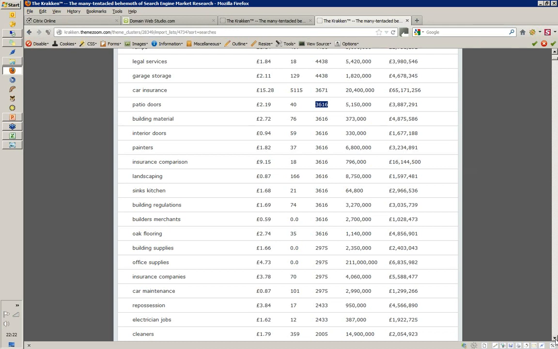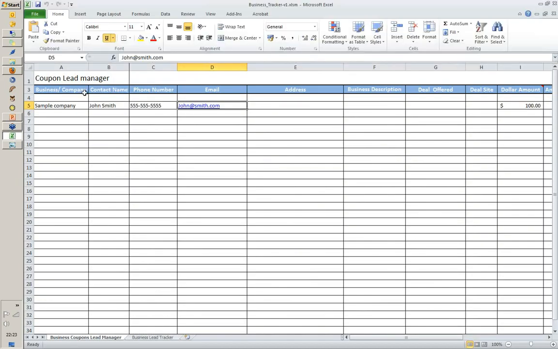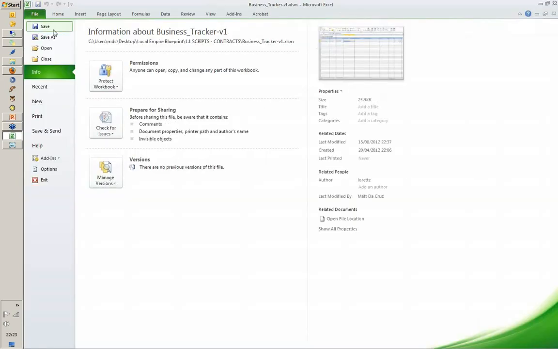Kitchen sinks. Wow, look at that one. That is a smoker. You can tie it straight to a plumber. 3,616 searches a day, and it's got over £1 per click, with 64,800 pages. So I'll say thank you very much, and I'm just going to check this idea into my notepad.